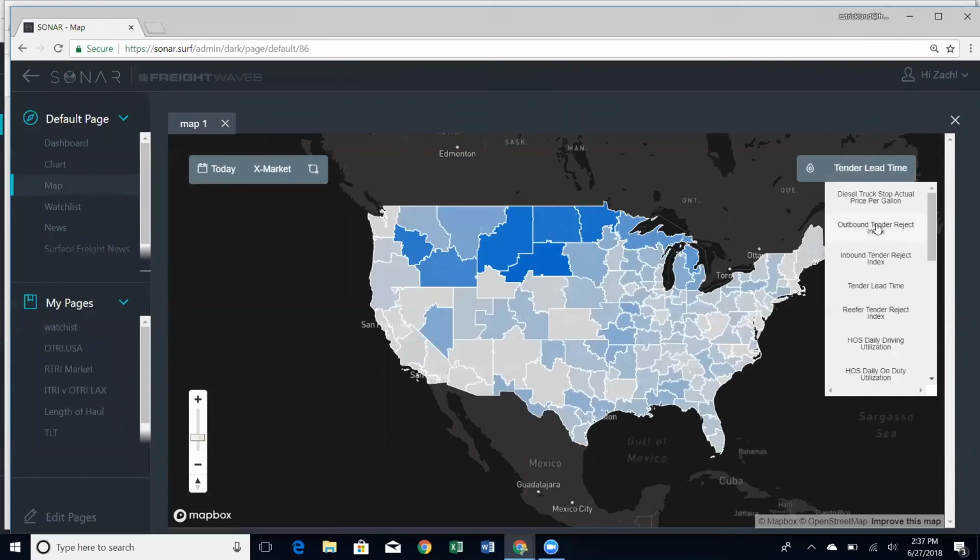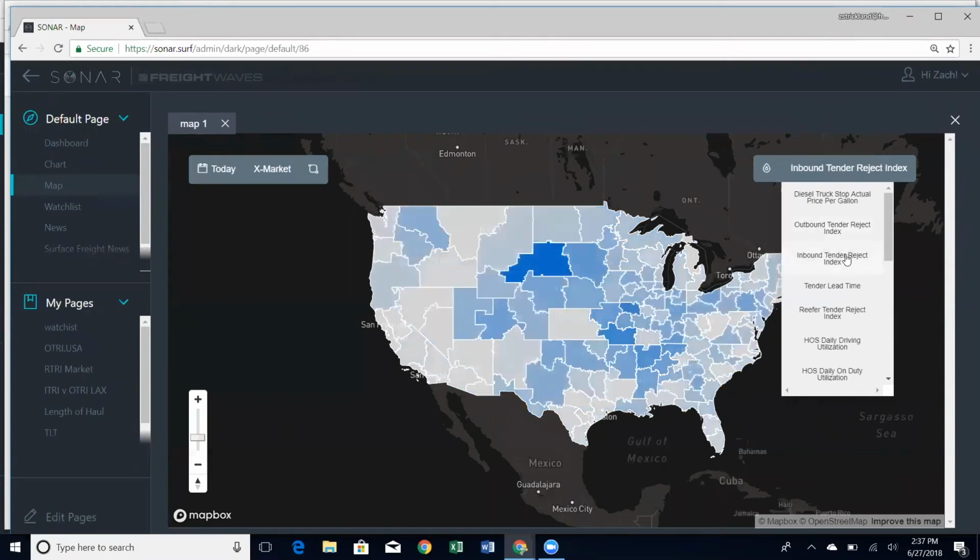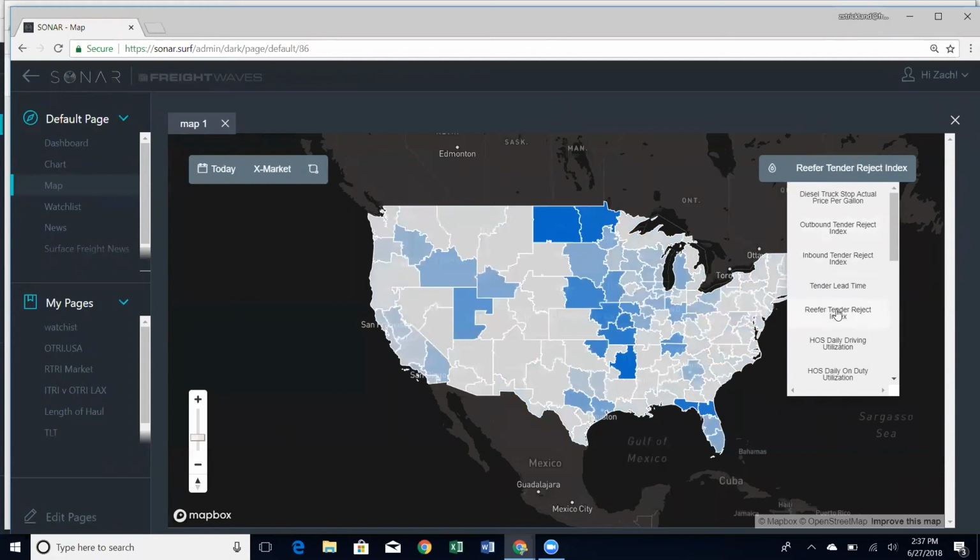As you see here, our heat map is showing, based on the darker color, since we're talking outbound tender rejection index here, or in the inbound tender rejection index, areas with the higher percentage. The darker colors are the regions with the higher value. So this is another way to view on a big scale what's happening across the country and what regions are responding differently.